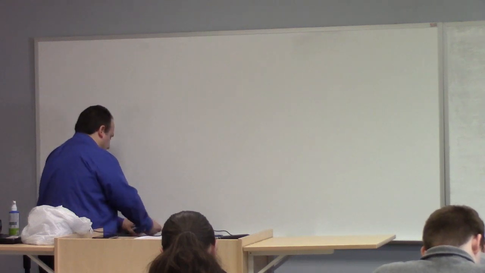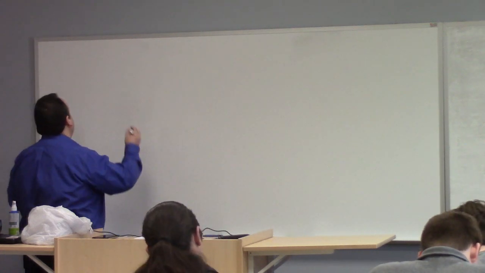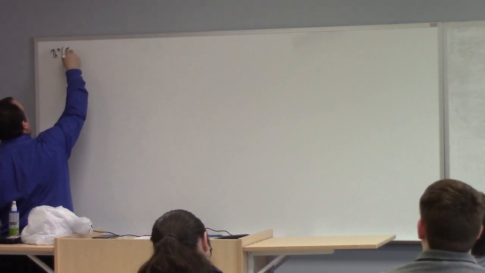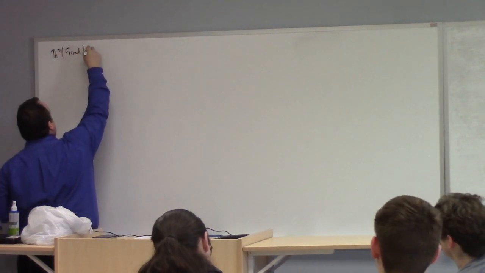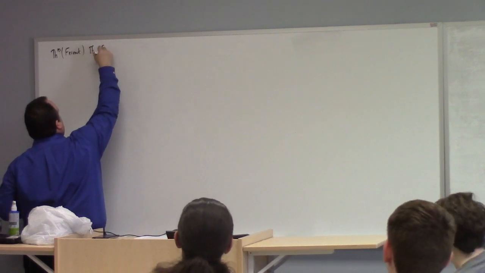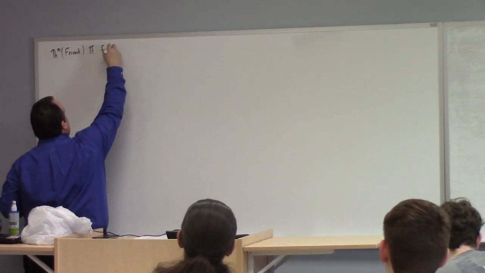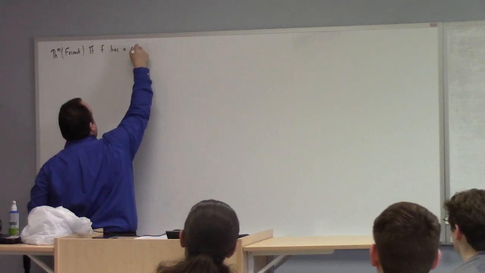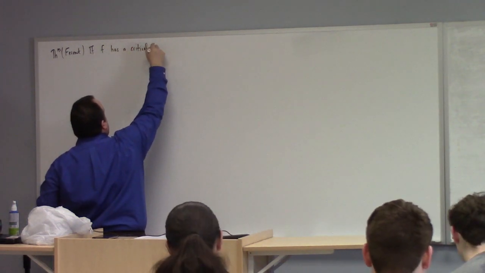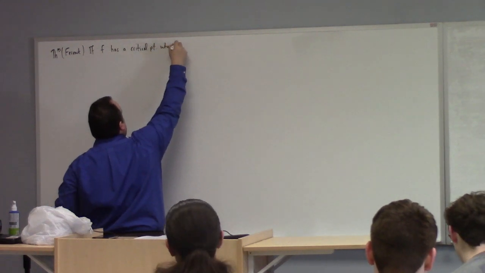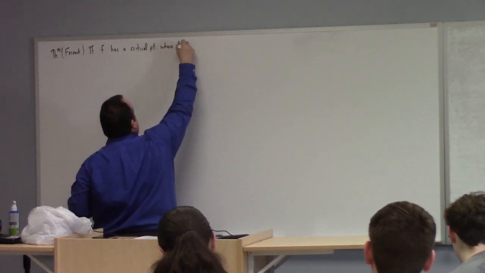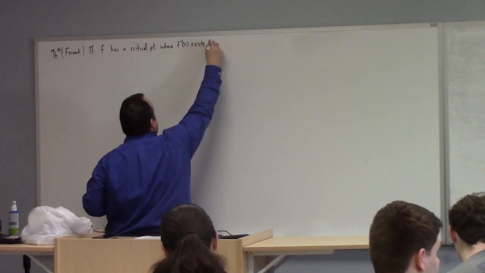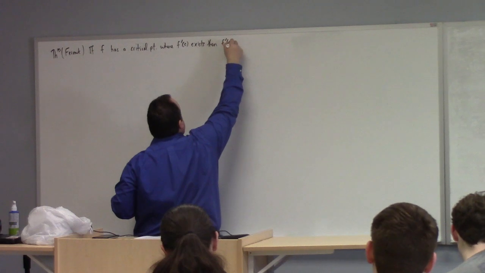Fermat's theorem says that if f has a critical point where f prime of c exists, then f prime of c is equal to 0.